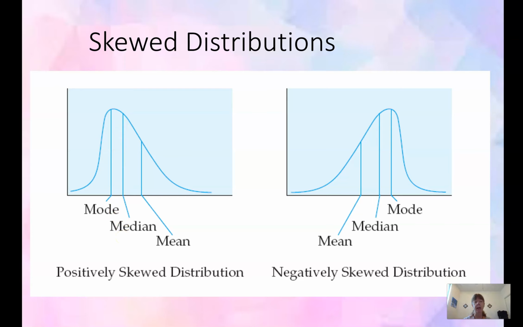Let's say we had a whole bunch of regular people and then Bill Gates happened to be in our sample. Bill Gates would pull that tail way out there to the right because his income would be way higher than everybody else's. He would only pull the median up a little bit because he's just one person, and the median doesn't look at how much you have, it just looks at the number of people above and number of people below. So the median would only shift a little.